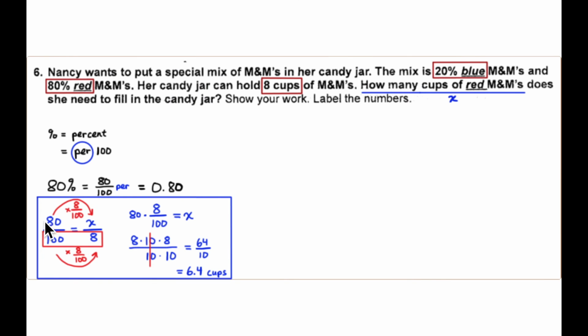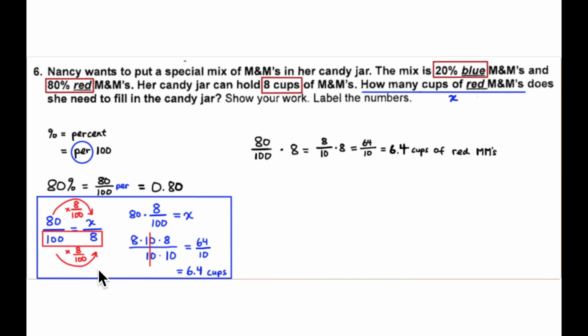So you can figure out what x is as 80 times 8 hundredths. So there's the 80% right there. 80 per 100 times 8. So you can factor out the 10, and you end up with 8 times 8 is 64 tenths. So 64 tenths is the same as 6 4/10 cups.